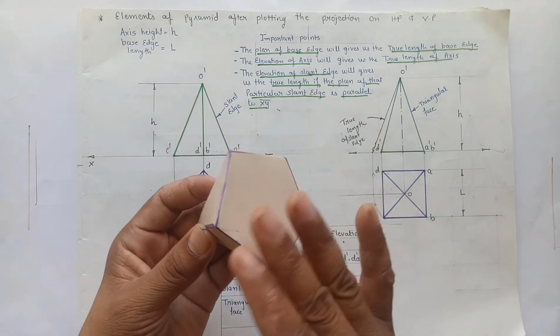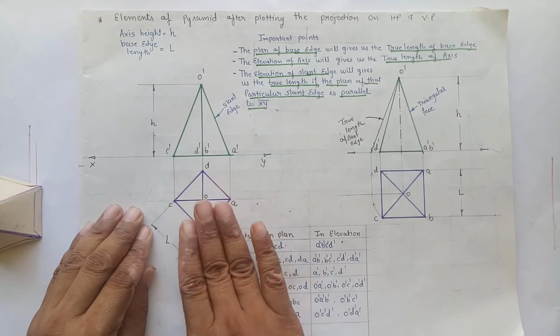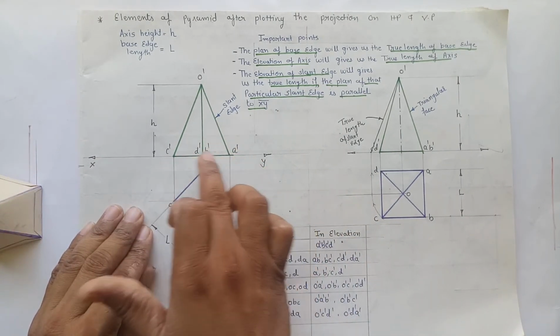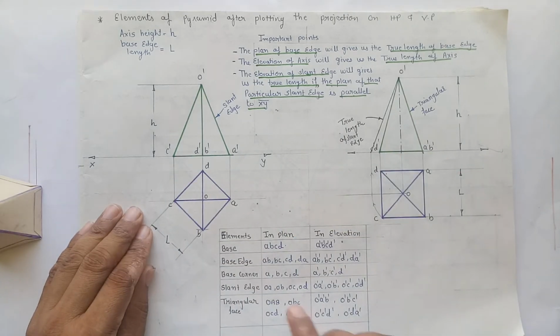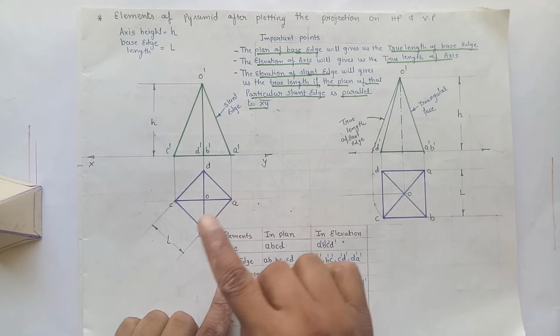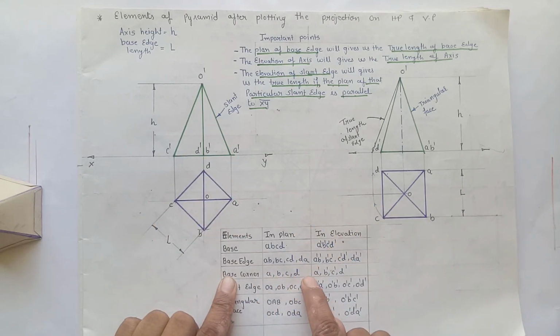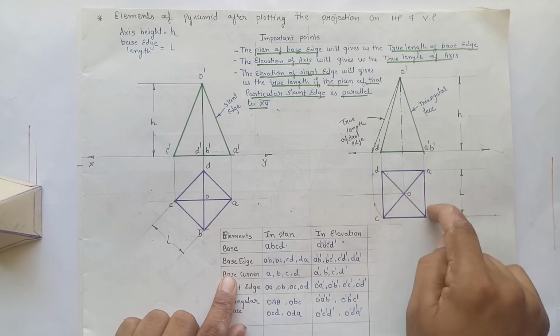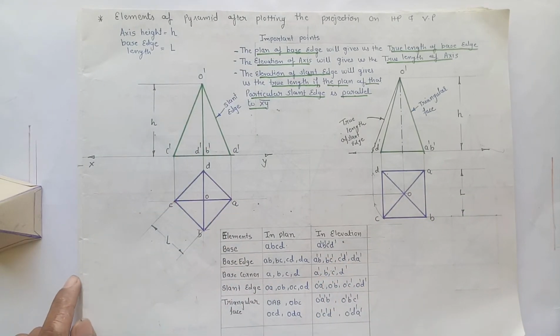So here the base is a pentagonal plane or square plane. Right now the base is perpendicular to VP, that's why the elevation of the base is a line in both cases. Now base corners: in plan A, B, C and D are the base corners, and in elevation A dash, B dash, C dash, D dash are the base corners.